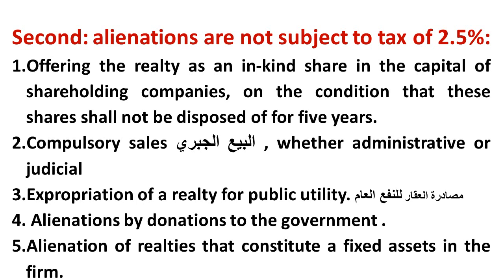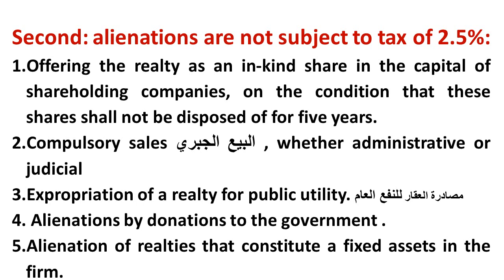As an example, let's assume that a natural person owns a building composed of 12 apartments of equal rental value. He lives with his family in one of these apartments and leases the other apartments according to civil law provisions. The monthly rent is 1,000 Egyptian pounds for each apartment.